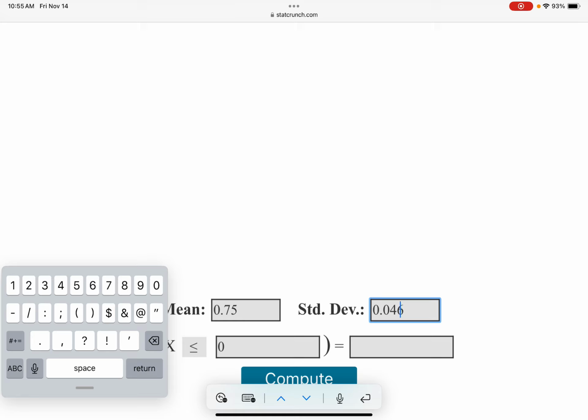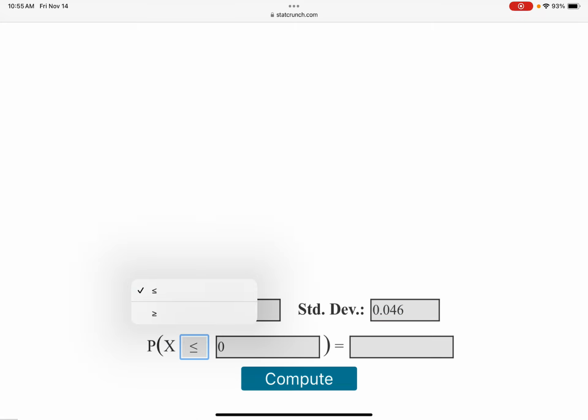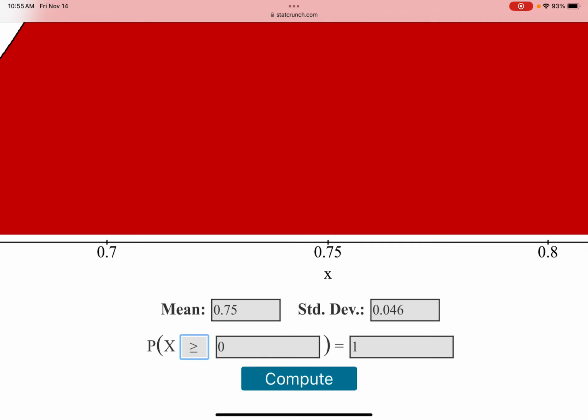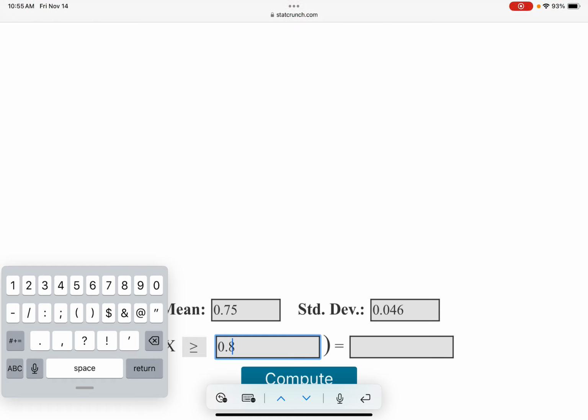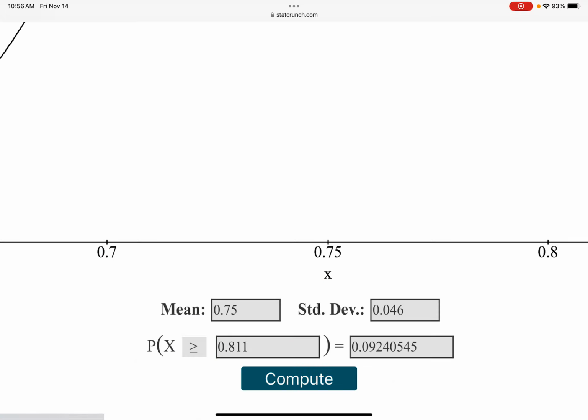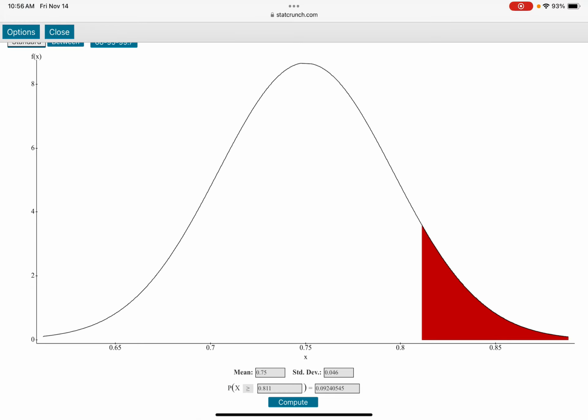And then remember, my tail was on the right-hand side. So I've got to change this less than or equal to a greater than or equal to. And then I've got to change the value in there to be my percentage that I got, 0.811, as the chance that it's greater than that sample percentage.